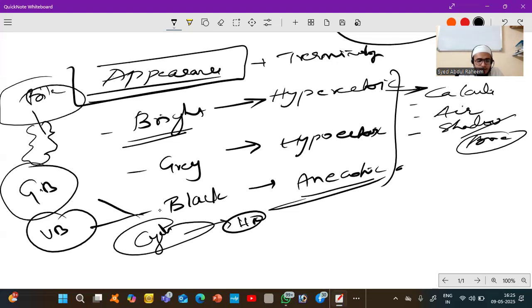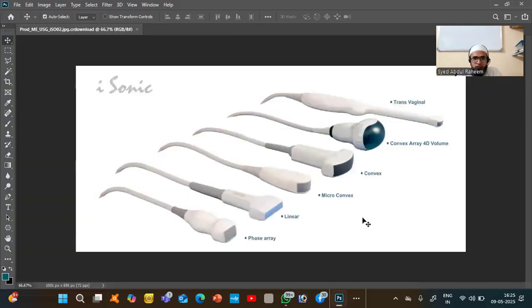Now come to the different types of probes. We'll see this image. According to the condition, the doctor will utilize these types of probes. The most important is linear.